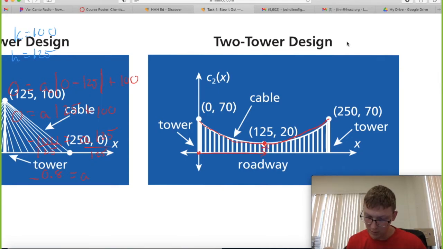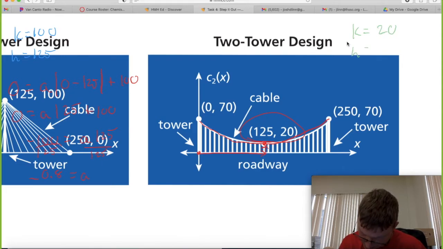So again, we're going to use this point right there. And I guess I'll switch colors. We'll do this one in green. So our H, or our K, is, let's see, how many units up? That's going to be 20. And our H is 125.